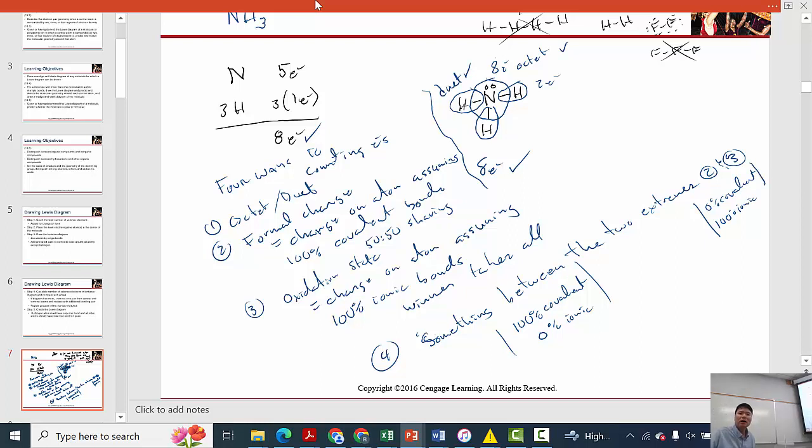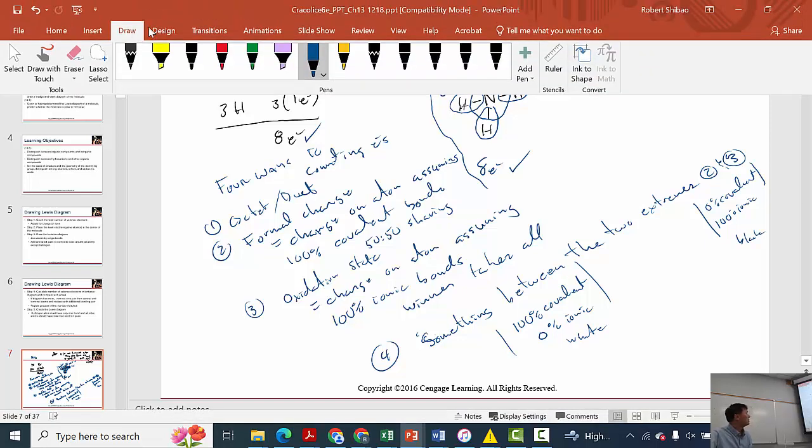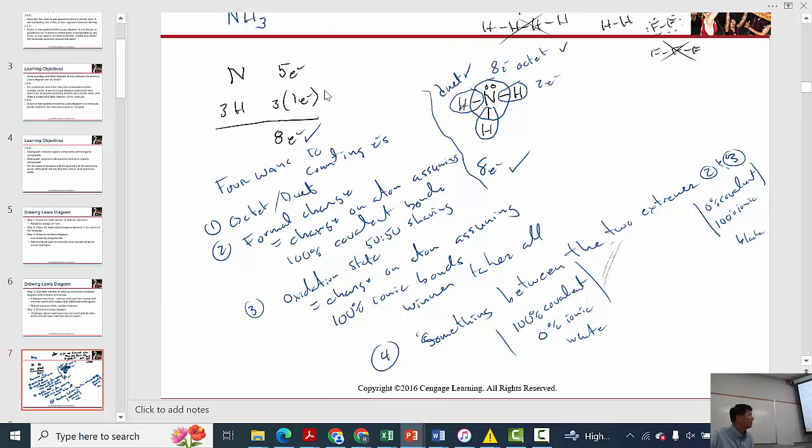And so it's not always black and white. So for example, this might be white here. This is black here. It's going to be somewhere in the gray region. And so here we'll just have this as a gray region. So if it's somewhere in the gray region, it might be like 60% covalent, or 40% ionic, something like that.